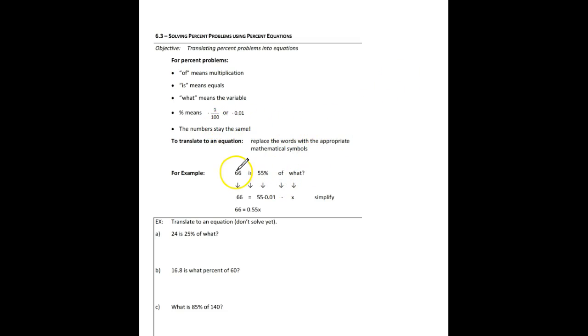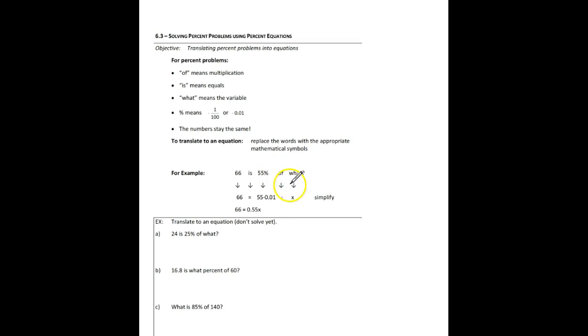So for example, 66 is 55% of what? Well, 66, that's just a number. It stays the same, so that comes down. Is, remember that means equals, so it's going to come down as an equal sign. 55%, well, that's going to come down as 55 and then percent, meaning times 0.01, or 1 over 100.